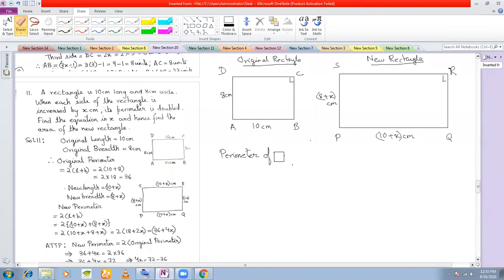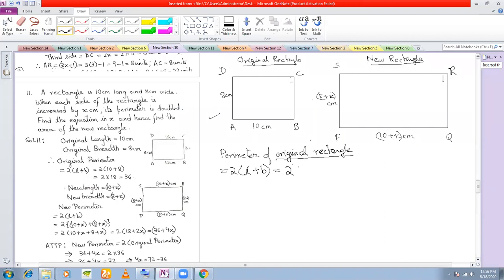Do you know the expression for perimeter of rectangle? Yes, twice of L plus B, twice of length plus breadth.